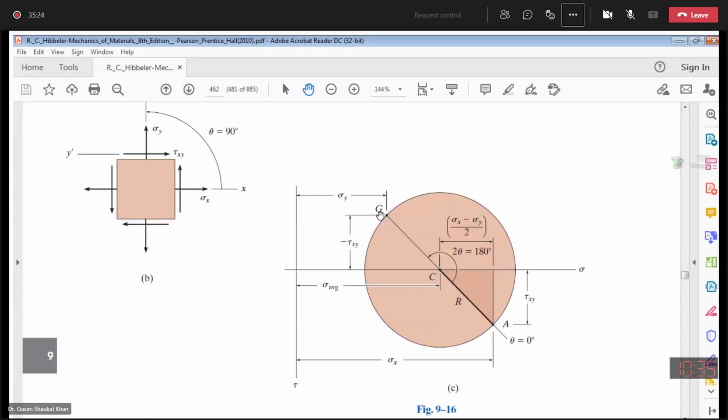This radial line CG is 180 degrees from the reference line CA. So on the Mohr circle it is 180 degrees, but you have rotated the element by 90 degrees. It means the rotation on the Mohr circle will be 2 times the rotation on the element. You can see here theta, and over here 2 theta. They are clearly showing you theta and 2 theta.